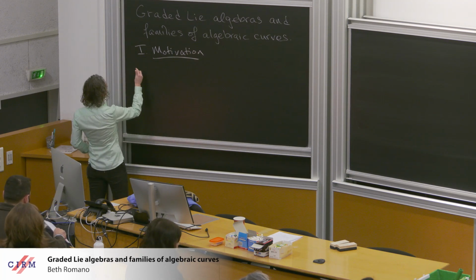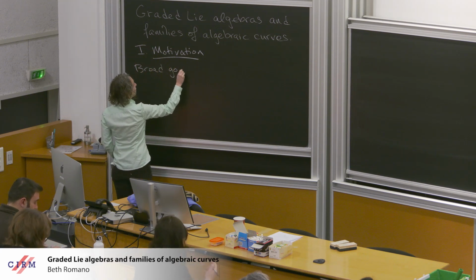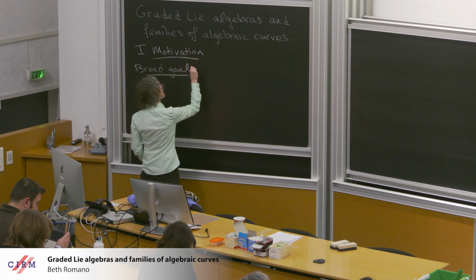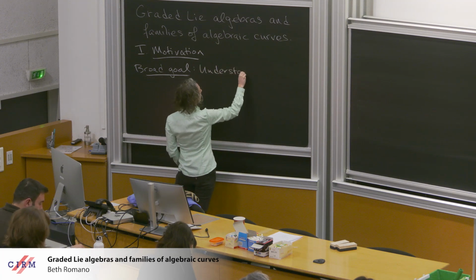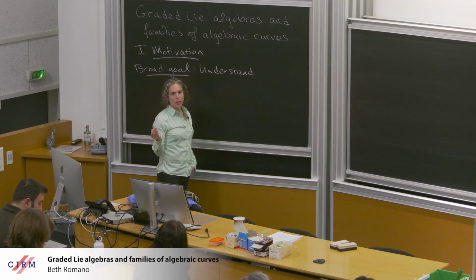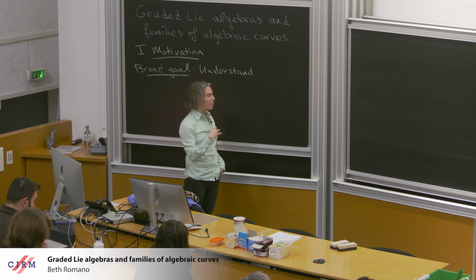Okay, so the broad goal is to understand rational points on curves and also Selmer groups for Jacobians of curves in families.